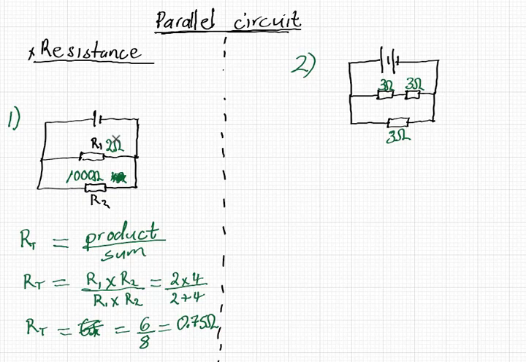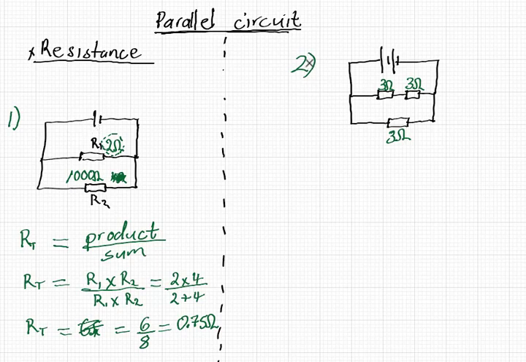That's how it is. Even if it was 1 million, the equivalent or the total resistance will always be less than the smallest resistor. So that's how maybe you can check if you have done the correct thing.